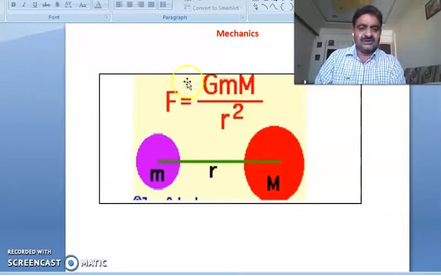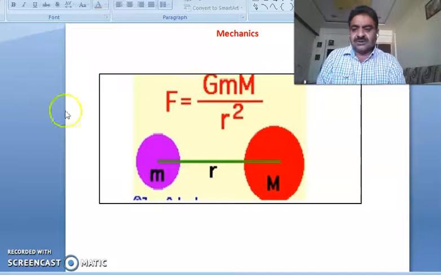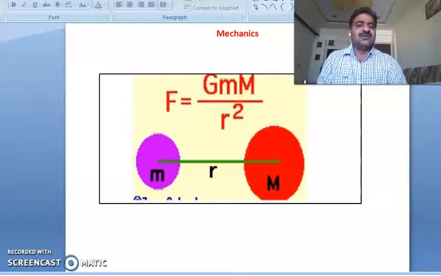Remember, this capital G is called the gravitational constant, also called the universal constant.